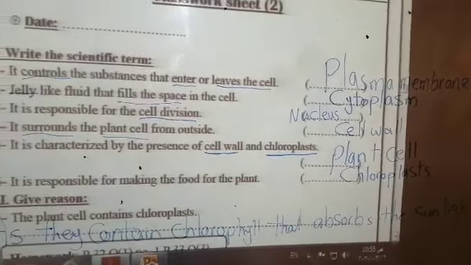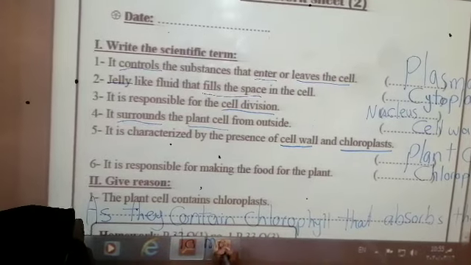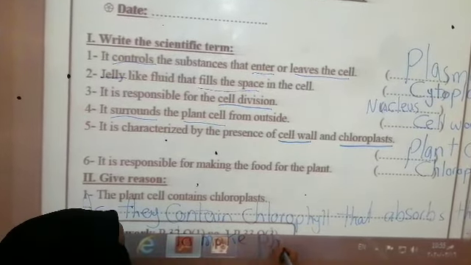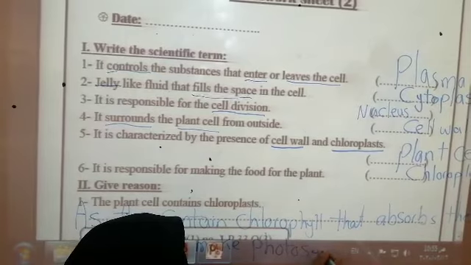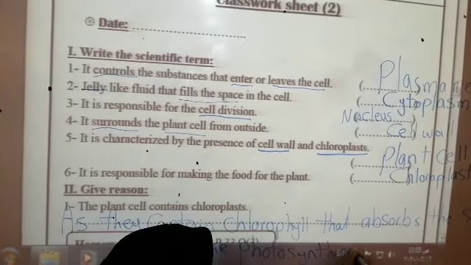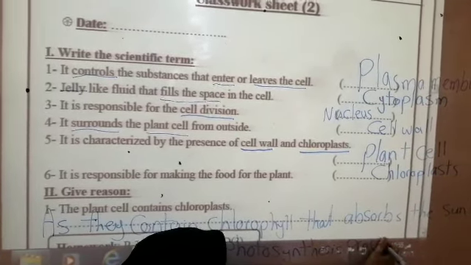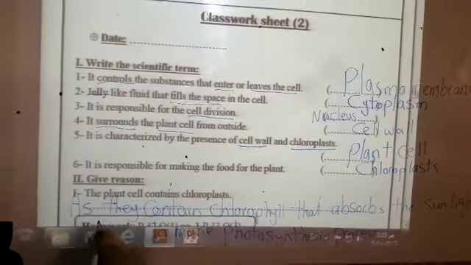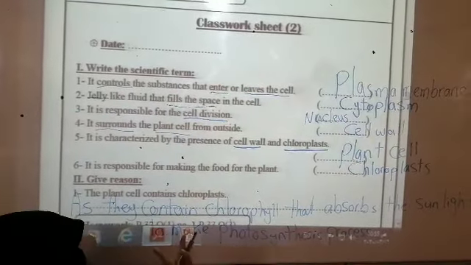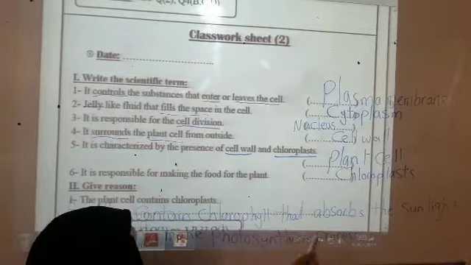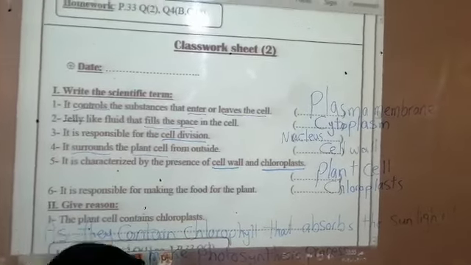Why? To make photosynthesis process. So I need to say they contain chlorophyll. Why do they contain chlorophyll? To absorb the sunlight to make photosynthesis process.